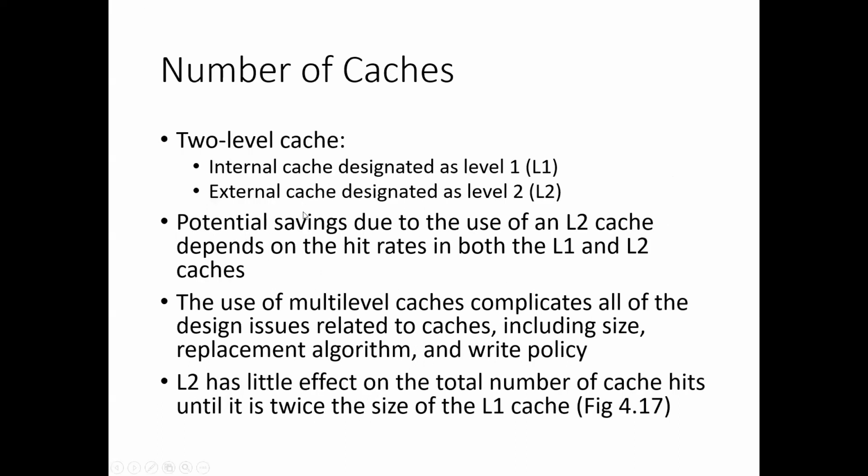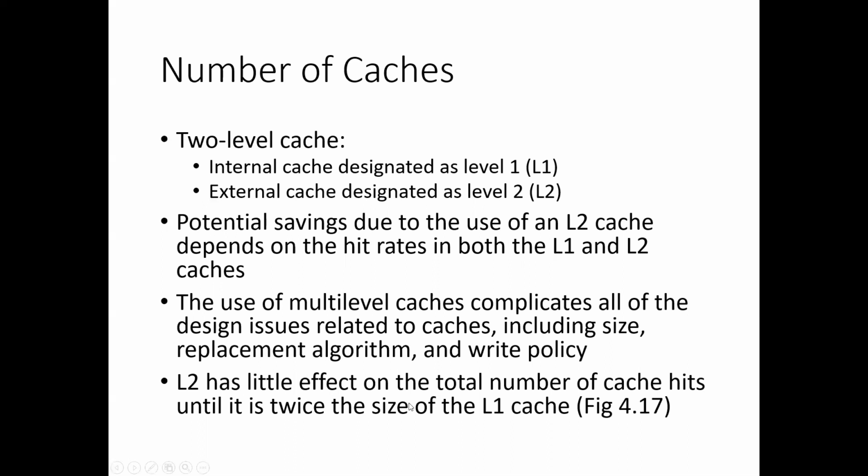A two-level cache has an internal cache designated as level 1 and an external one designated as level 2. The potential savings due to the use of an L2 cache depend on the hit rates in both L1 and L2. The use of multi-level caches complicates all the design issues, including size, replacement algorithm, and write policy.